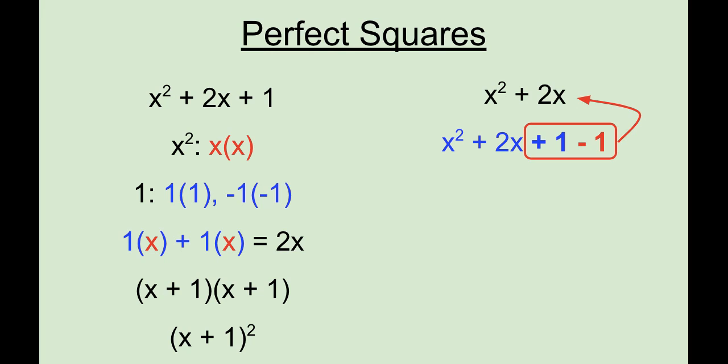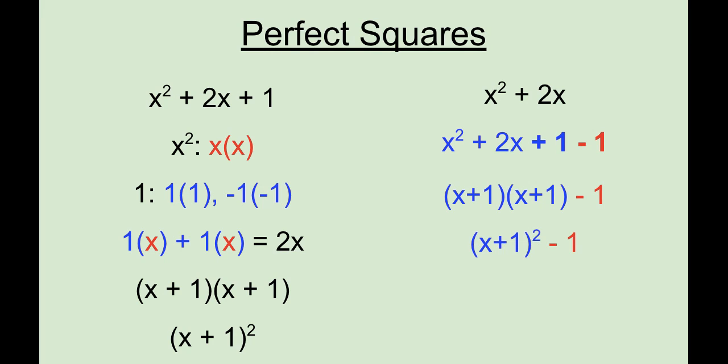So now let's do it. Let's factor x squared plus 2x plus 1, and that is just x plus 1 times x plus 1. That minus 1 just comes along for the ride. And then I'll get x plus 1 squared. So this means that x squared plus 2x is the exact same thing as x plus 1 squared minus 1.